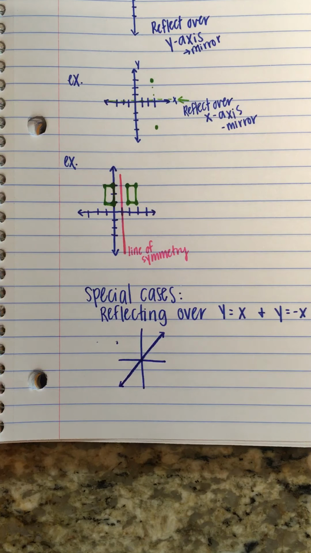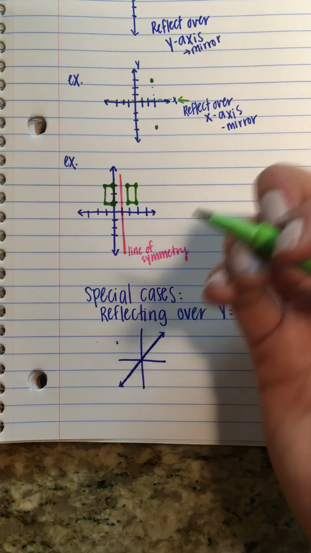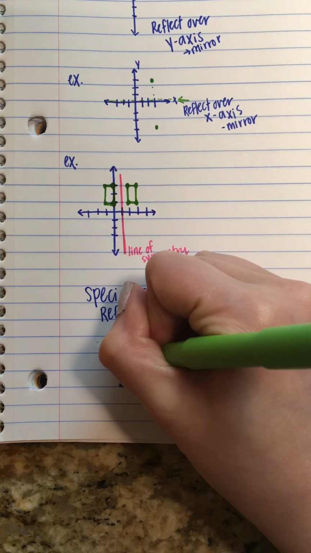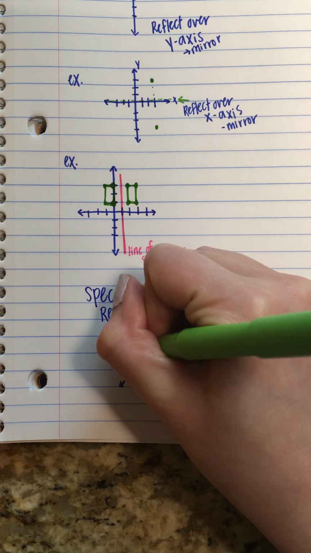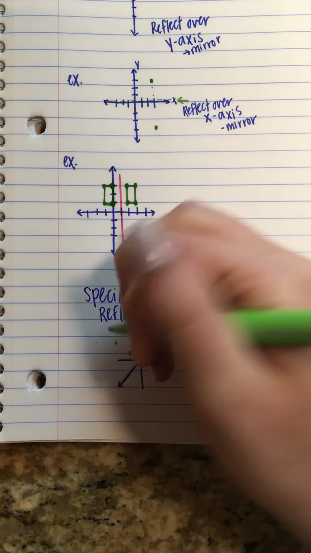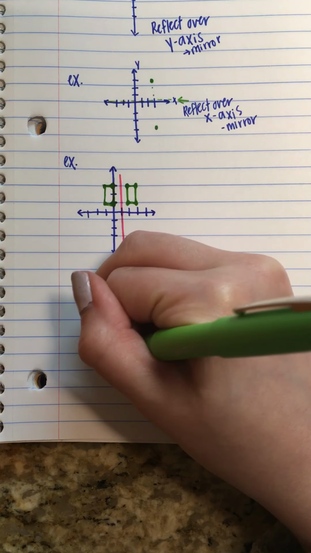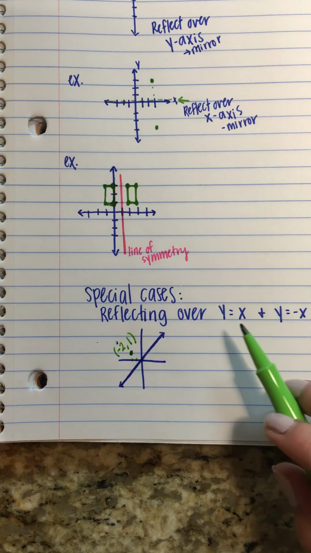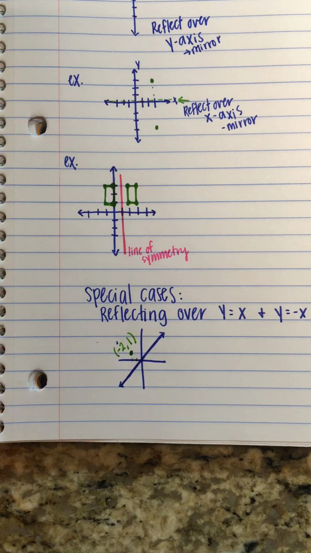So let's say I wanted to take this point right here. So let's say I want to take -2, 1. And I want to reflect it over y equals x.